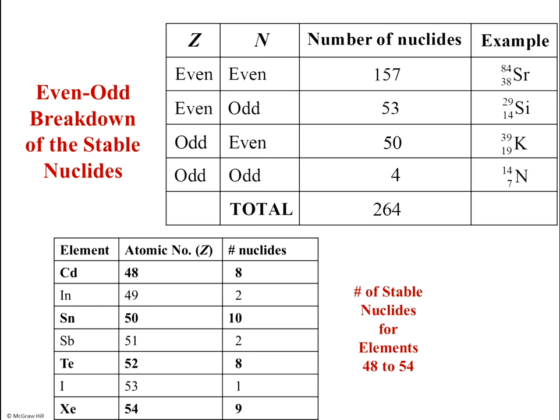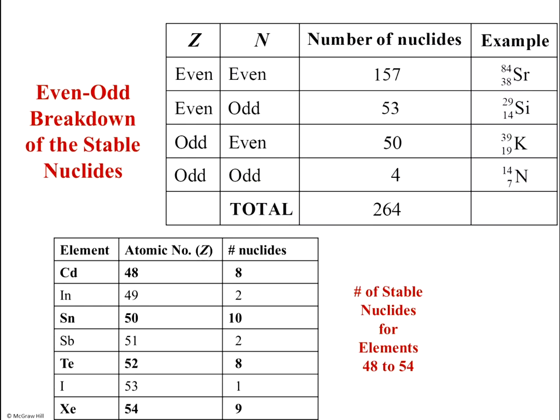If we have an odd number of protons and an even number of neutrons, there are 50. But with an odd number of protons and an odd number of neutrons, there are only 4. So there's just a few of these: a version of lithium, boron, nitrogen, and of course the proton itself is an odd number of protons.